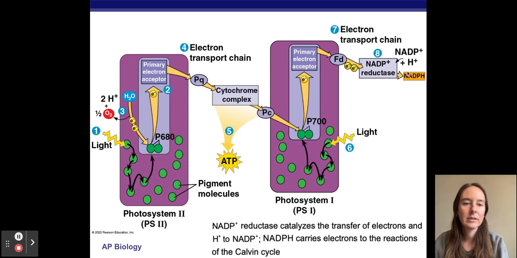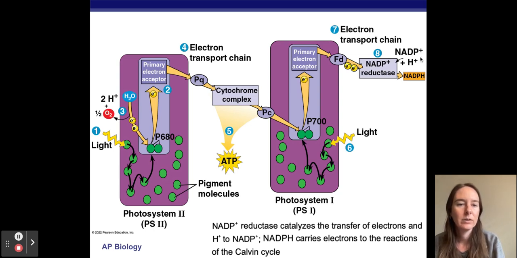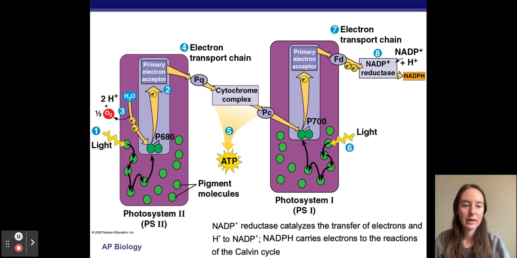So these electrons are going to be added to this hydrogen and this NADP plus. So now you have neutral. So now you have NADPH, which is neutral, because these two negative charges and these two positive charges will now just become a neutral NADPH. Now these electrons are in this molecule. Now this is a high energy molecule, and we can use that for the next step later, the Calvin cycle, to power the Calvin cycle.